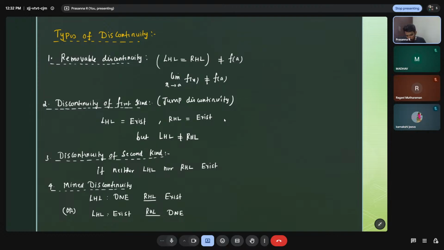It has mixed discontinuity, right? It has mixed discontinuity.